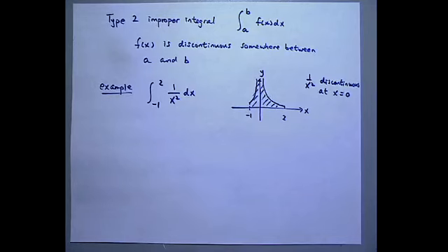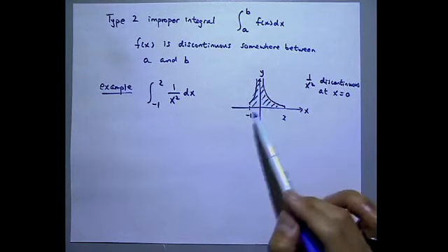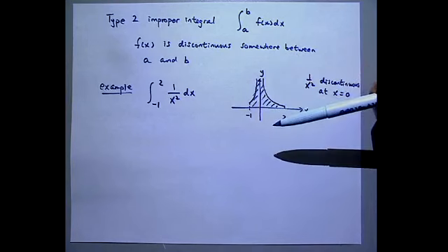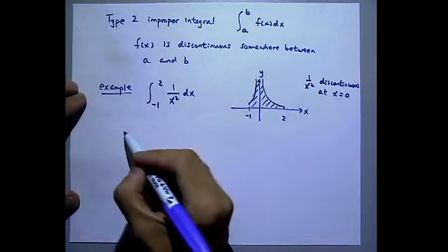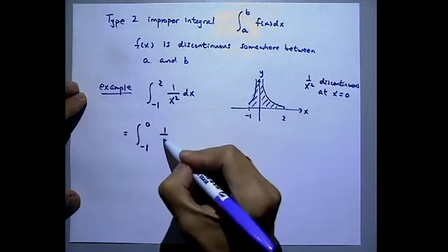And we handle this exactly the same way we handled infinity. We cannot cross this vertical asymptote, but we can stop at some point right before it and then get closer and closer each time. So first we break this up into this thing.